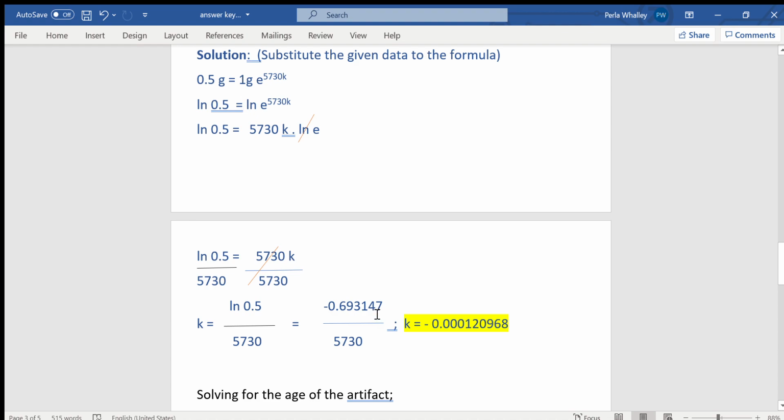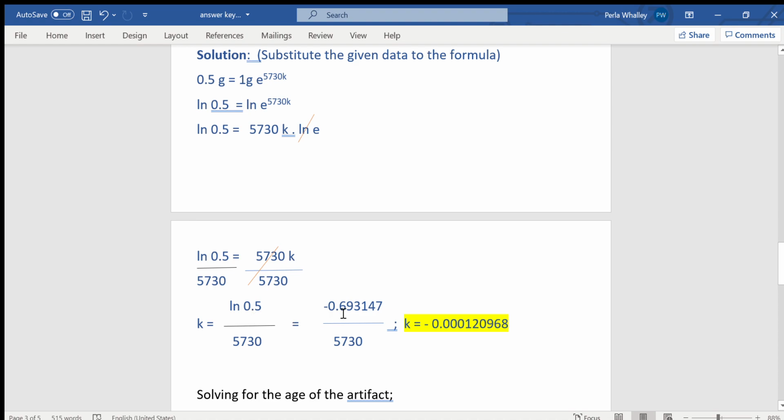To solve this, you need a scientific calculator. But if you do not have one, use your smartphone. Open your calculator app, then rotate your phone to a landscape position. The basic calculator will turn into a scientific one. Okay? So in your scientific calculator, press the ln, then 0.5.